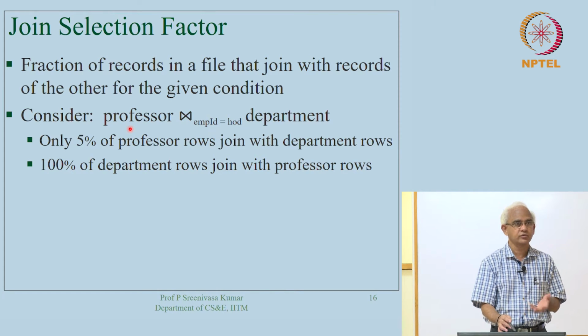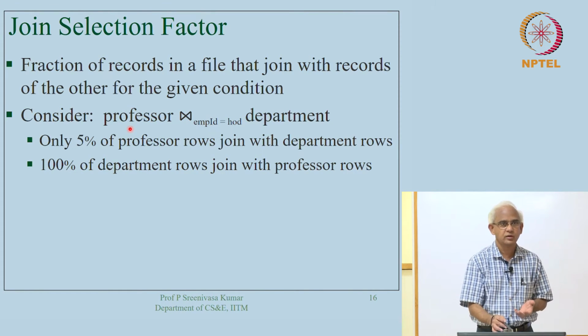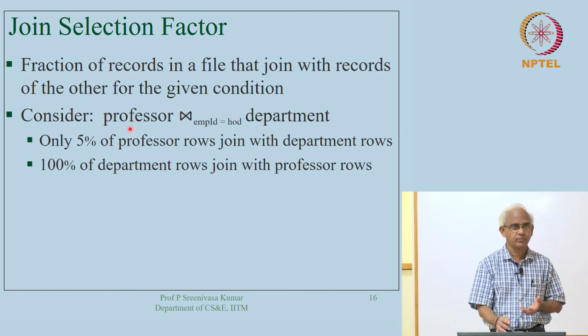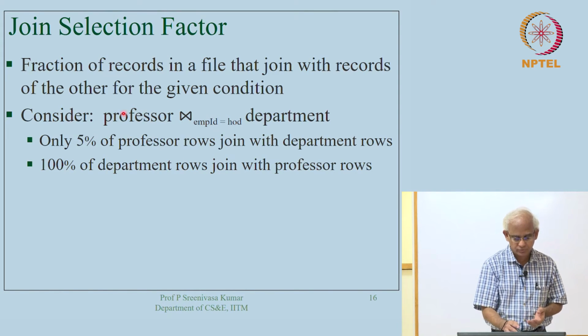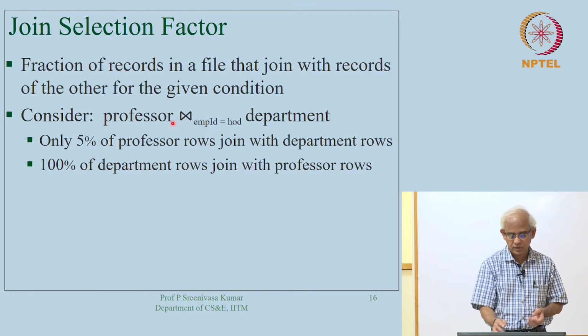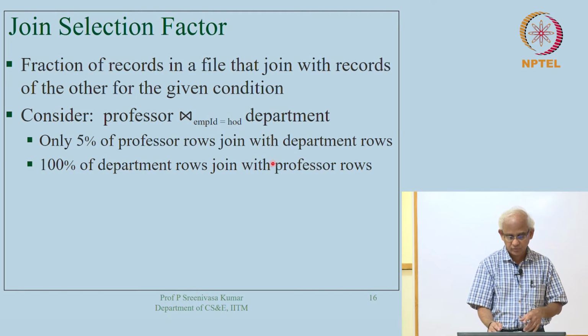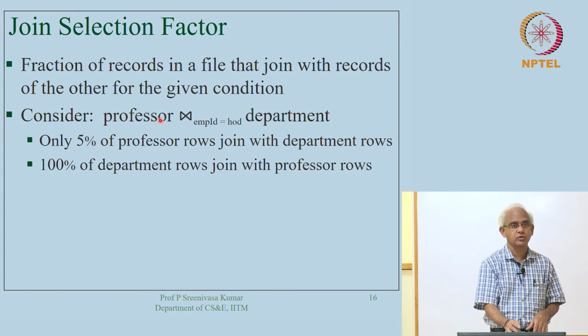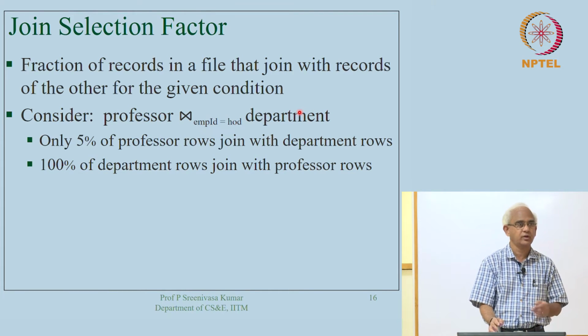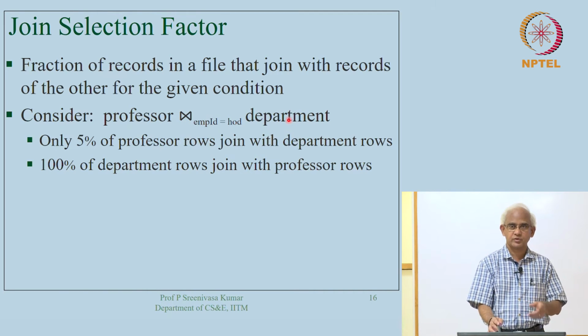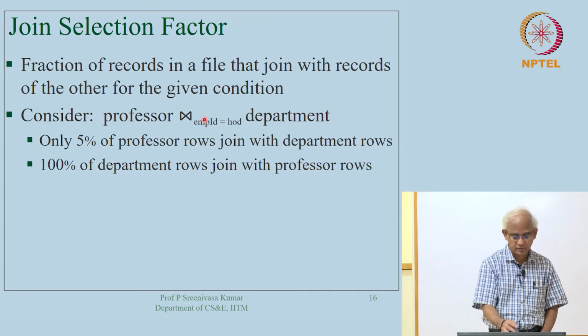Only 5% of these professors are actually HODs, the rest 95% are not HODs. So if you try to join an employee ID with a HOD ID here, 95% of the time it fails. Whereas 100% of the departments will join with professor rows, because each department has to have a professor as a HOD. This is purely domain knowledge, the relationship between professor and department.